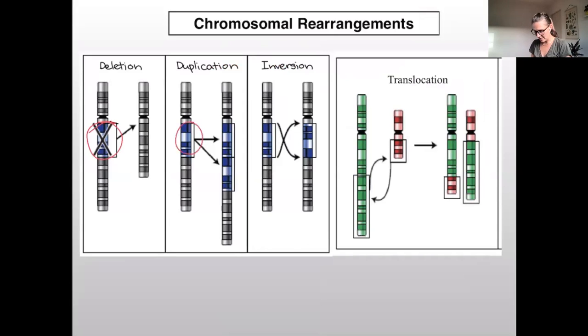You can have pieces that get duplicated. You can have pieces that flip, right? And you can also have what's called a translocation, where a piece of a chromosome can hop onto another chromosome, right?